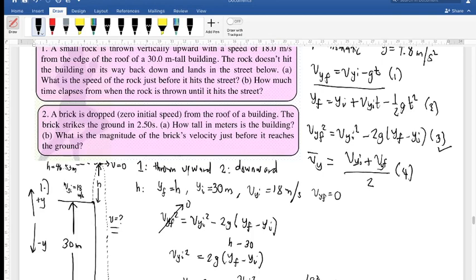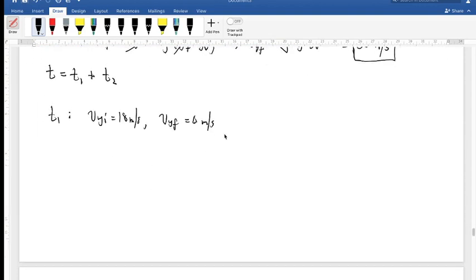Okay, kahit we know nga merong position, pero we can actually use equation 1 para mas madali. Okay, so but you can also use equation 2 if you want, if meron kayong yf at saka yi, kasi meron namang yf at saka yi dito, di ba? So alam niyo naman yan. So we can use equation 1. So we have here vyf is equal to vyi minus gt, then vyf is 0, so this is gt1 kasi at sa time elapsed ng event 1, then your t1 is actually equal to vyi divided by g.